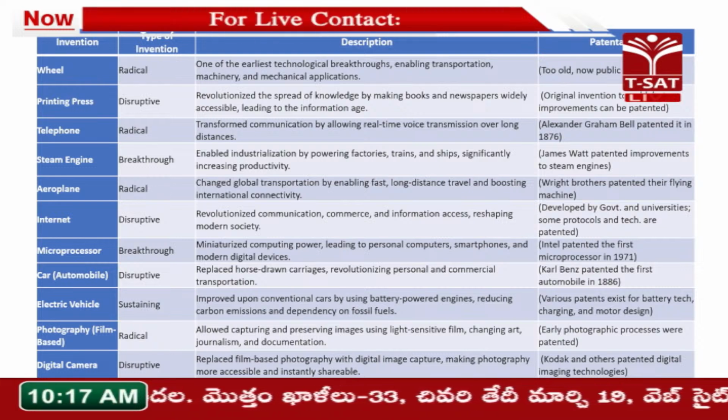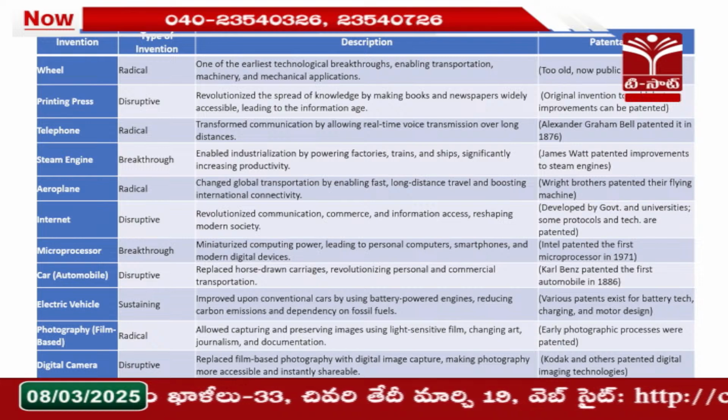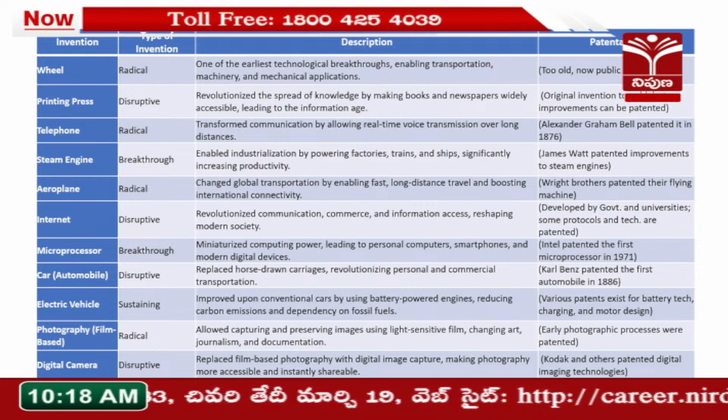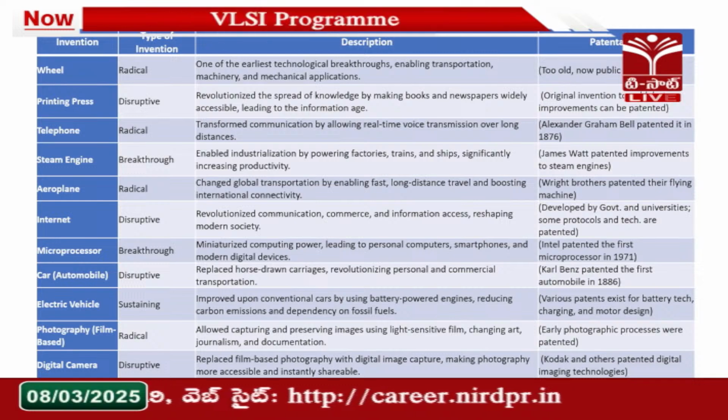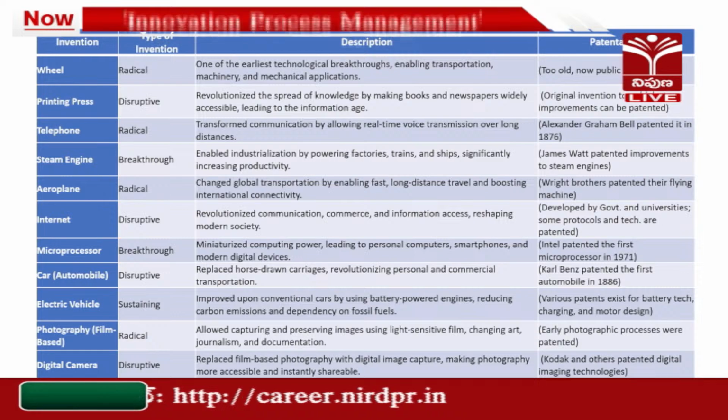Similarly, in transportation, earlier we had normal trains, then Vande Bharat, high speed trains, and bullet trains which are coming. Then something new happening is magnetic levitation, where the train can float and go at a very high speed.